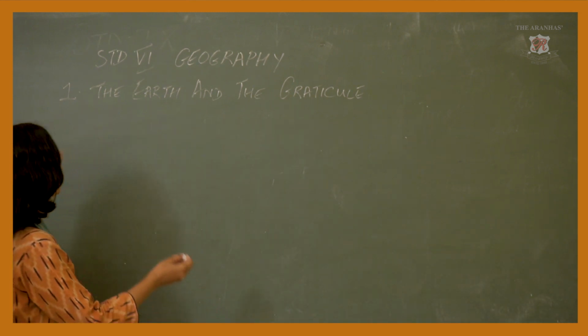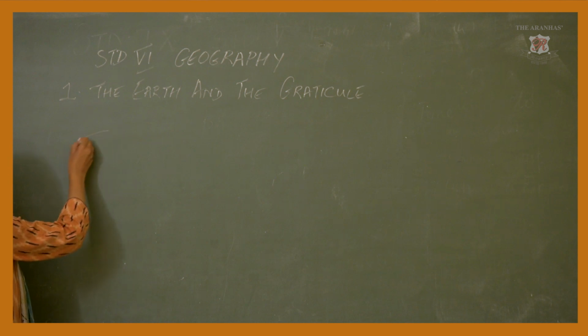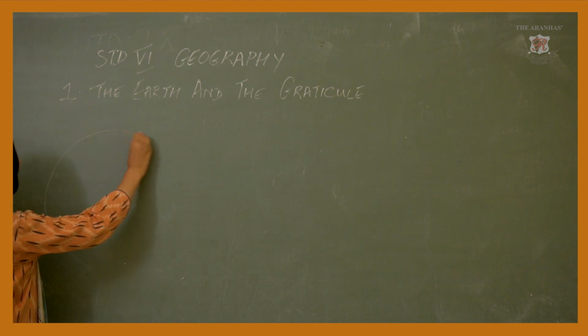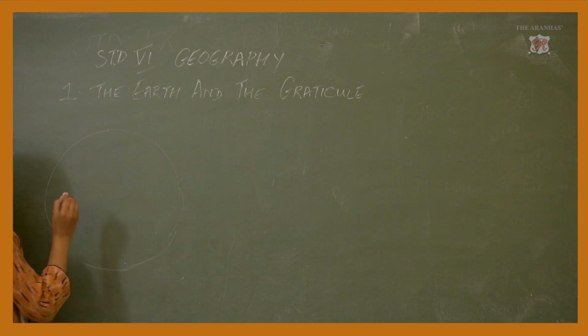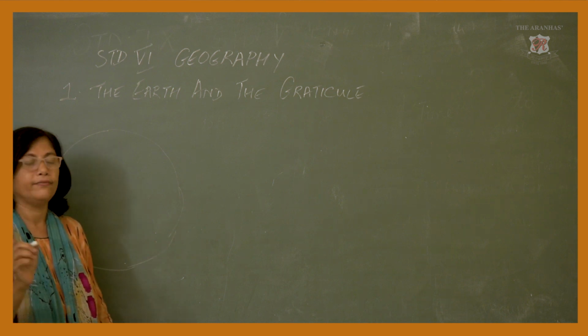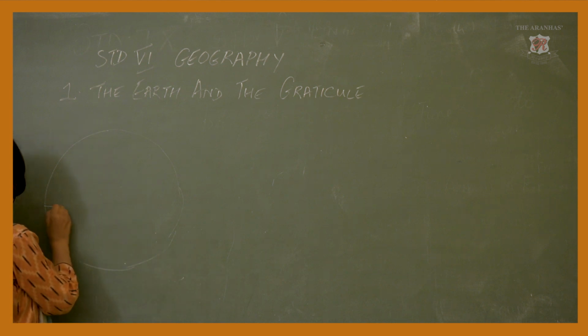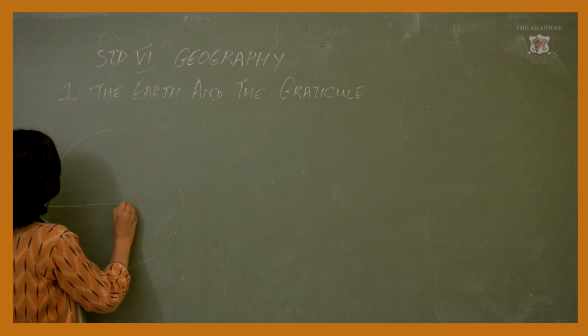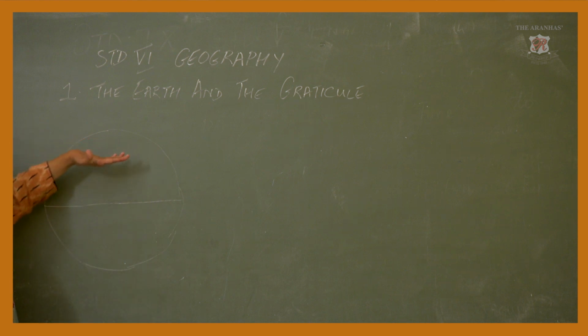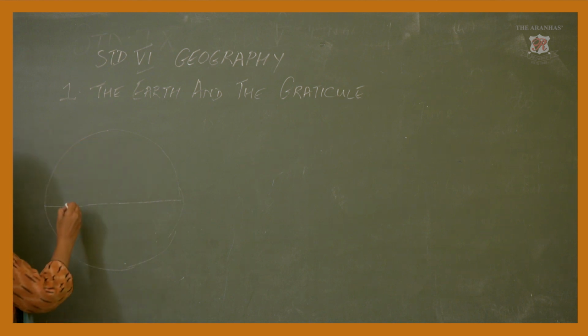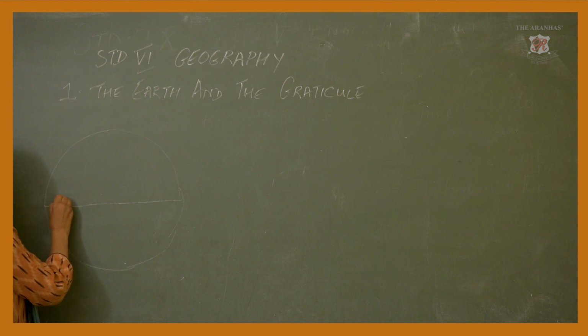So, we start with the earth here. And the first imaginary line that we are going to draw will cut the earth into 2. So, this divides the earth into the northern and the southern hemisphere. This is called the equator.